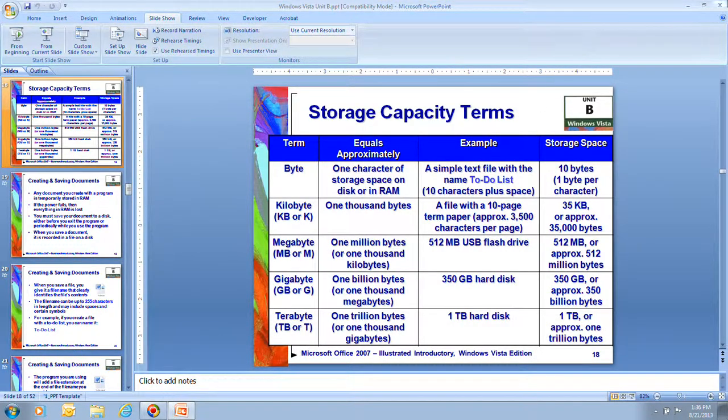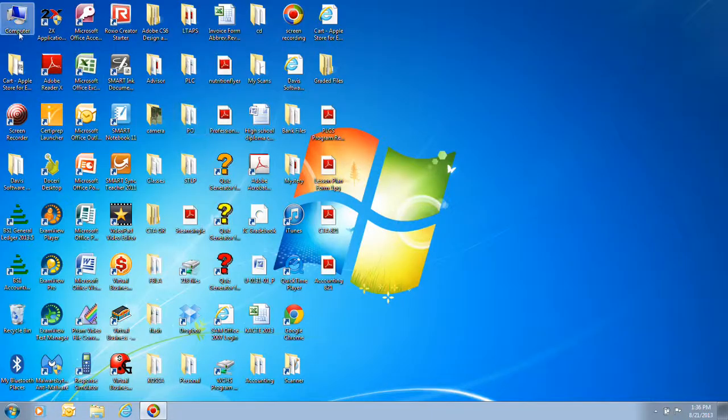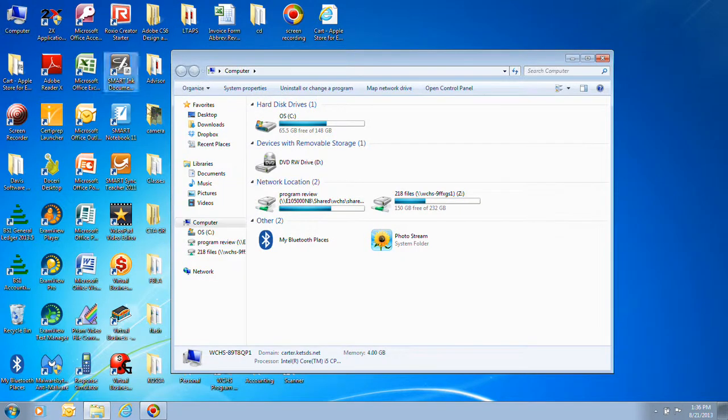Okay, for right now, let's take a quick look at the computer screen. I'm going to close down PowerPoint here, and let's take a look at what it looks like. This is, of course, Windows 7. Notice that right now I have my OS, which you might be saying, well, you said it was going to be local disk.